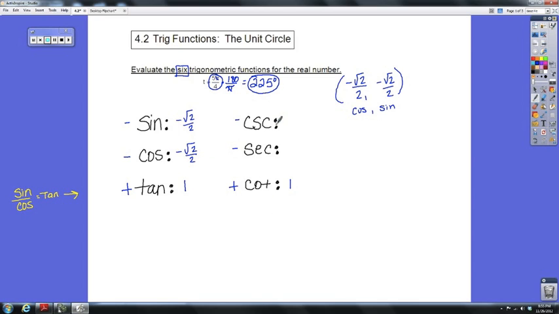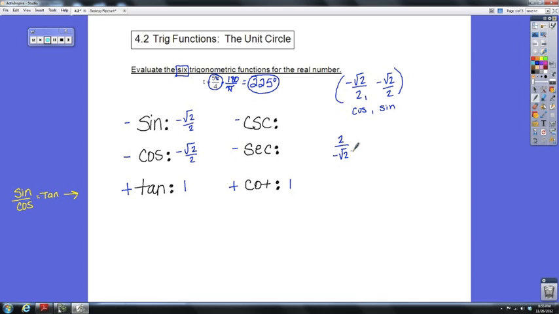Now, for cosecant and secant, we need to do the reciprocal of these two, and since they're the same, then these two answers are going to be the same. The reciprocal, remember, means you flip these. So the reciprocal of negative square root of 2 over 2 would be 2 over negative square root of 2, or you could put the negative in the numerator, it doesn't really matter.